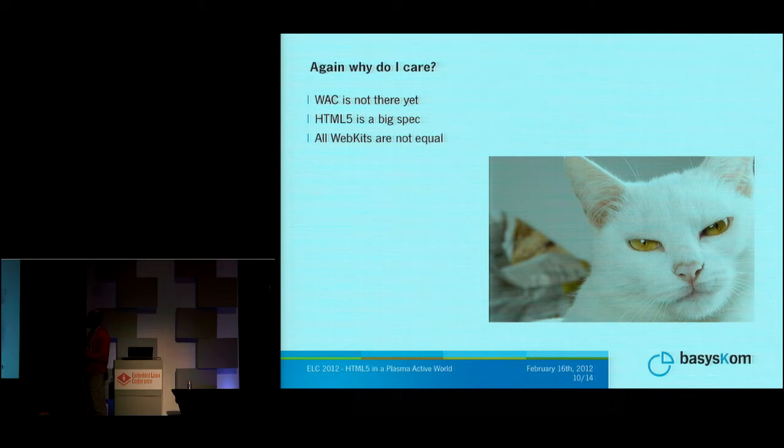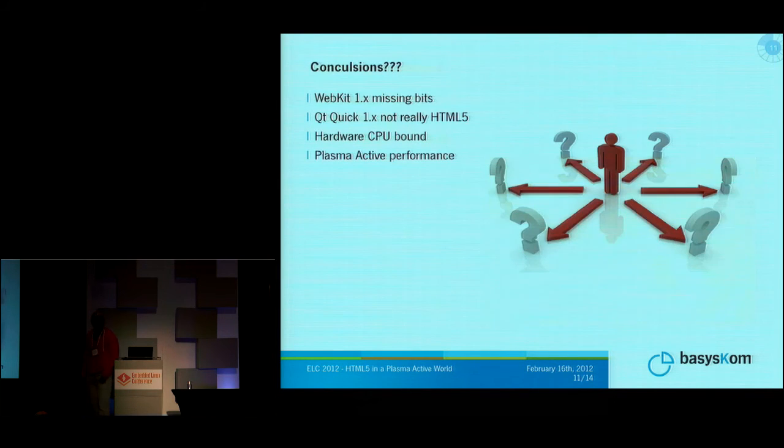The WebKit behaves and supports slightly different features than the Chromium one from Google, the one Apple has in Safari, the one Nokia has, and the same with GNOME and GTK. That's another thing we ran into: some of the problems going across the different WebKits caused us issues, and it has nothing to do with the HTML5 spec. It's just the inherent problems in WebKits.